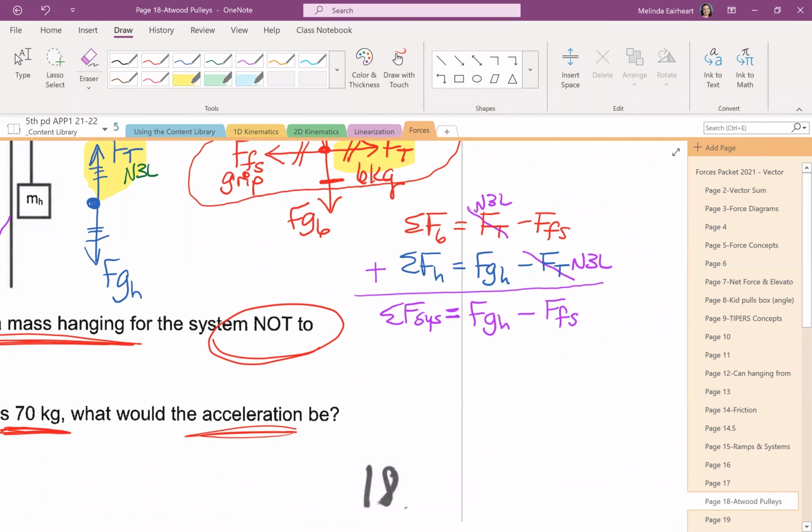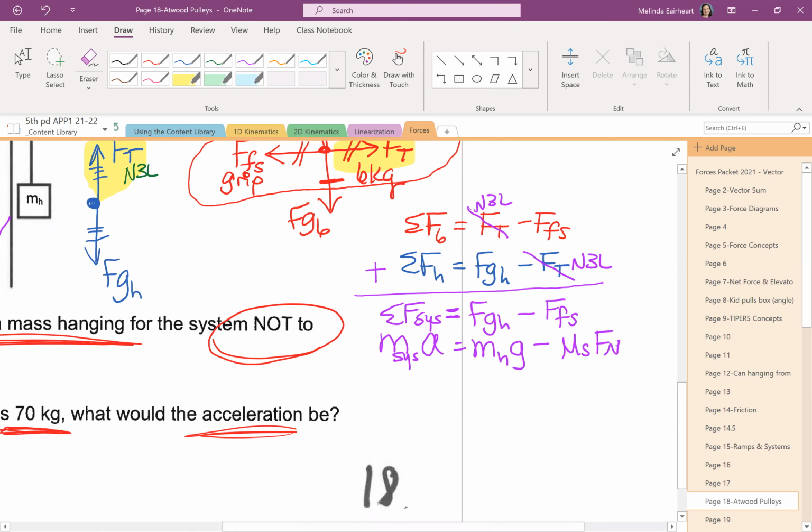FNet equals MA, which mass? It's a system. Now one is unknown, that's okay, just hold tight. Equals FG equals mg, and there's that unknown mass that we're going to be looking for, minus, what's our last week equation for force of static friction? It's the coefficient of static friction times the normal force of which block?